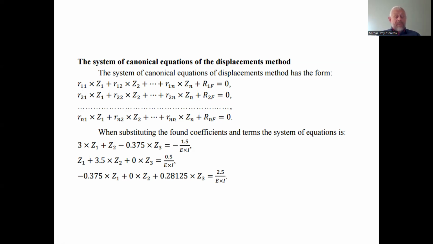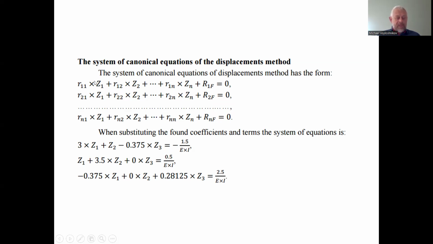So the first factors in the equation on the left are the forces which arise due to the unit displacement, consequent displacement of the first, then the second one, not a simultaneous impact of the displacements.